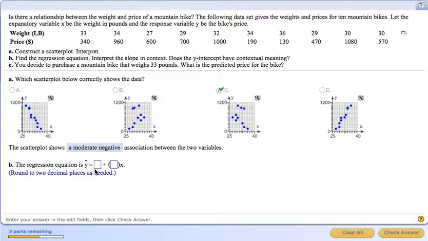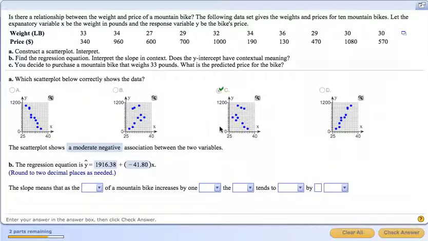The regression equation, again, the intercept was 1916.38, and our slope was a negative 41.8. Now the slope means that, again, the x value was the weight, so that's the bottom of our denominator.